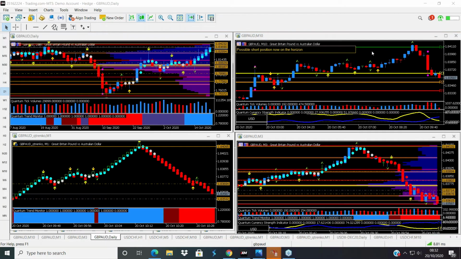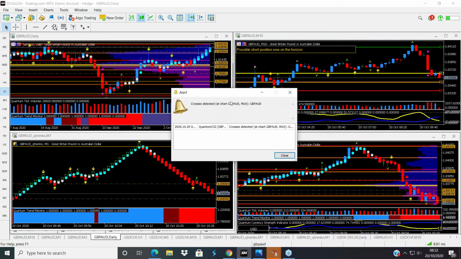I just want to show you what this price action looks like on MT5. I just happen to use MT5, but you would see it on MT4 as well. When I mentioned the cross, you can set alerts up on the CSI for such an event, and in fact I tend to have alerts on the 10-minute charts for the pairs that I like to trade and like to look at, and pound Aussie just happens to be one of them.